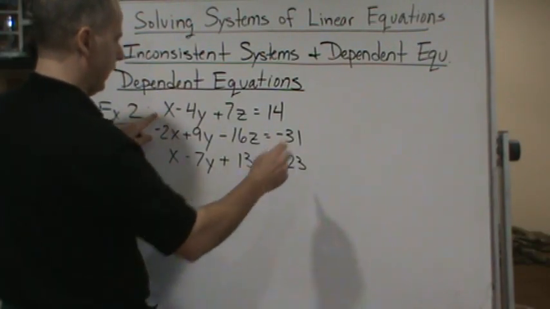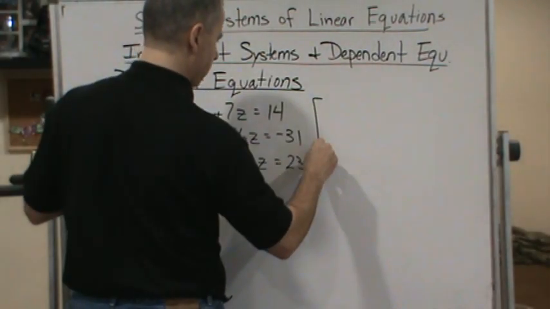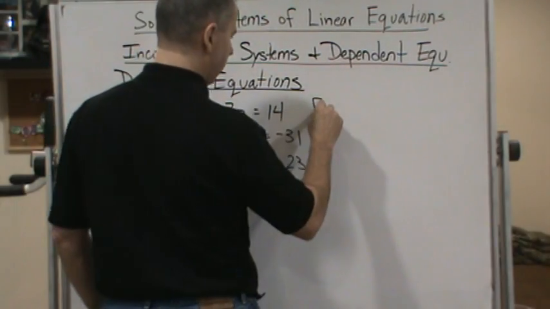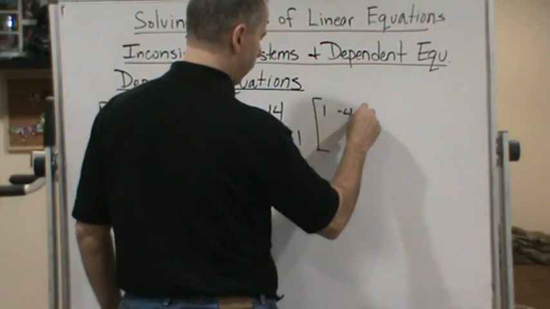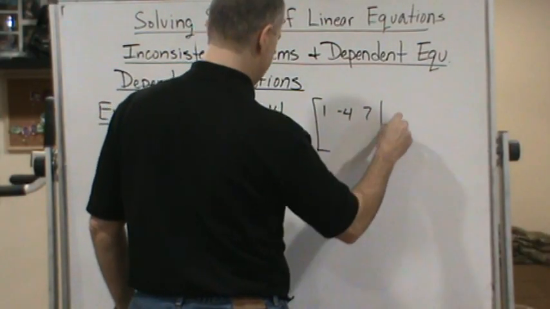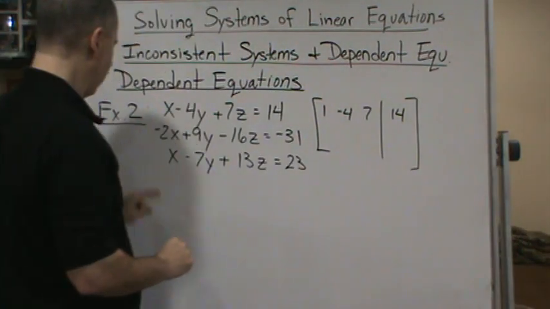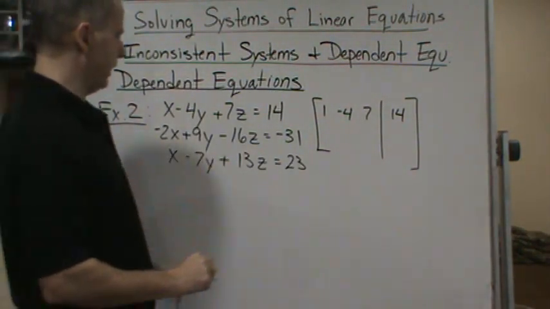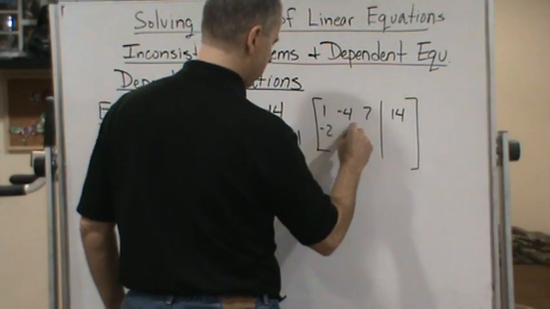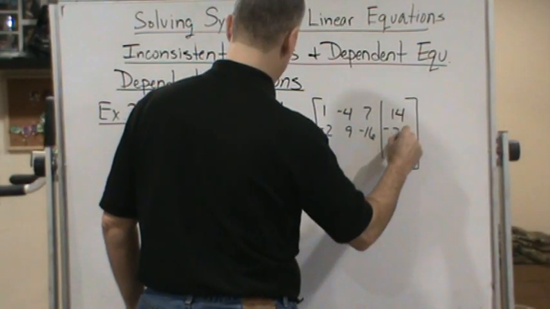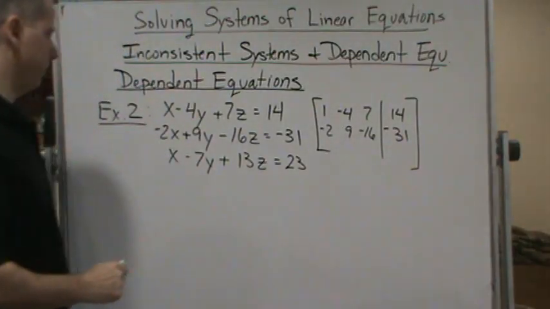And so now we're going to have 1, -4, 7, 14. And then we have -2, 9, -16, -31.